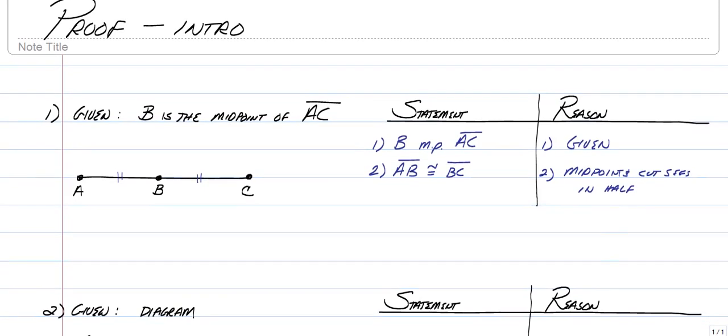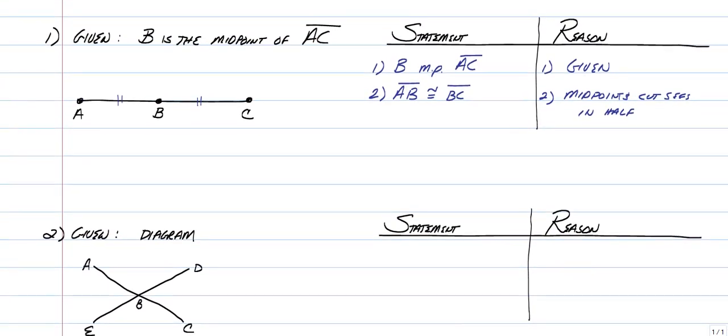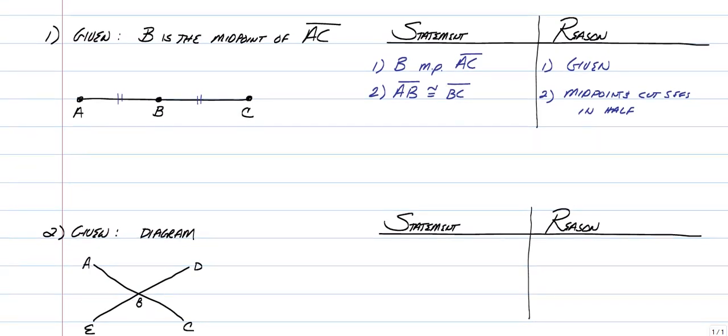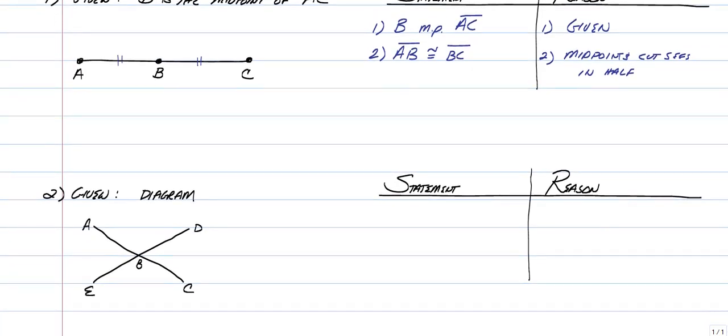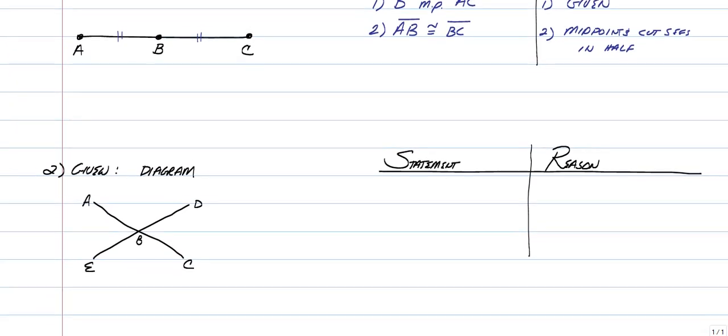As long as your statement makes sense and it is written according to what your teacher wants, you're good. Some teachers require if-thens, others don't. But basically you're getting the point across that you know that AB is congruent to BC because B was given as a midpoint.